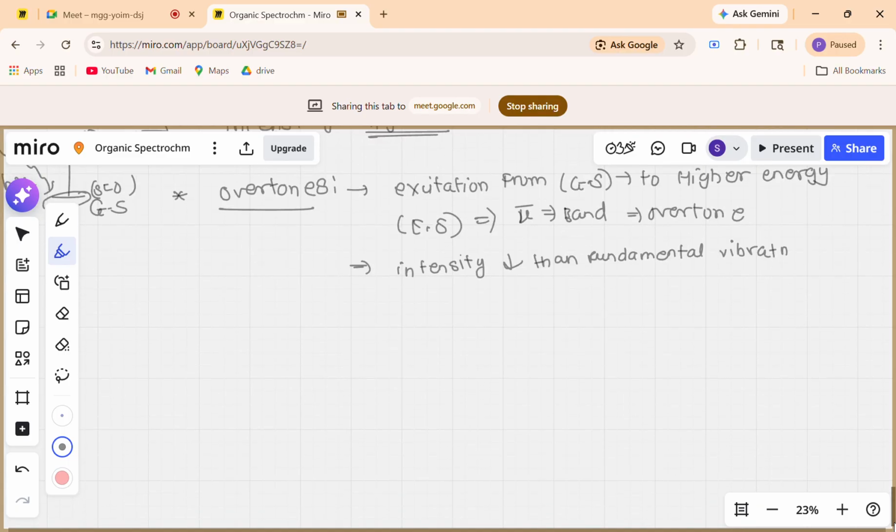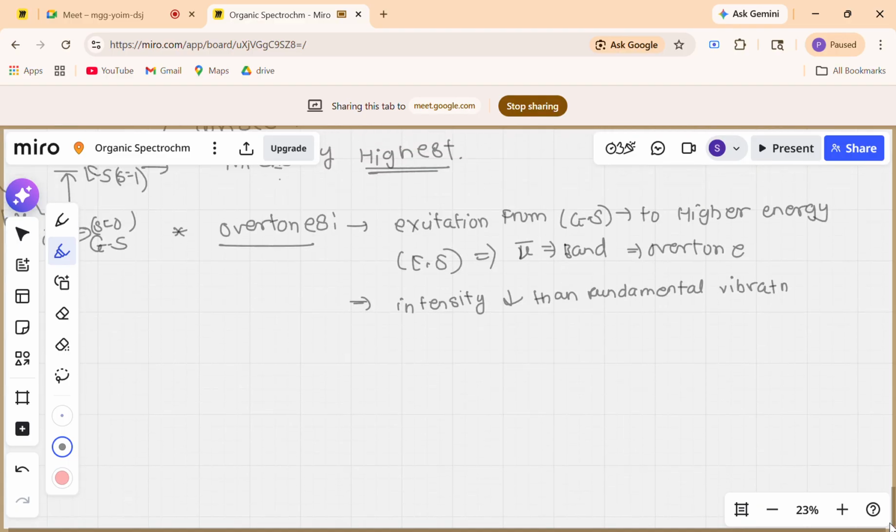Usually the overtone intensity will be less than your fundamental vibration.